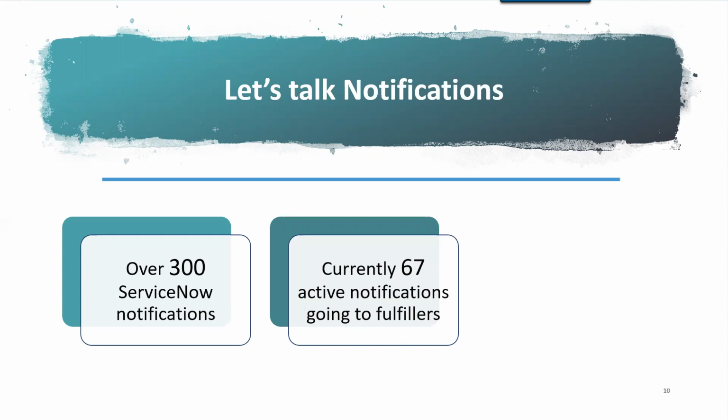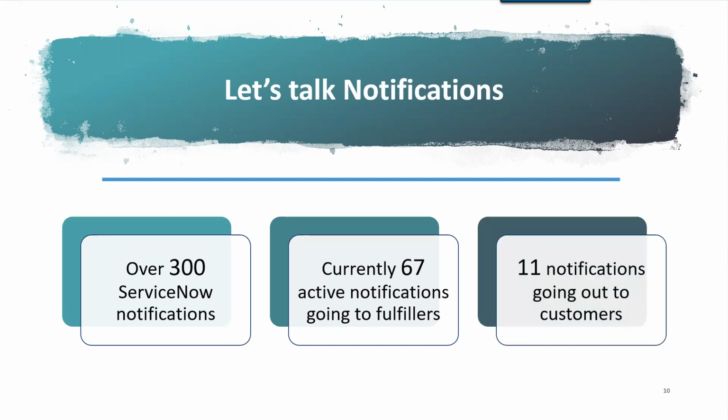So currently 67 active notifications are going out to fulfillers. Now that's not to say that you're getting 67 emails to your email box regarding one thing. There are 67 different notifications depending on what you're being notified about. And there are 11 notifications, same idea, going out to customers.